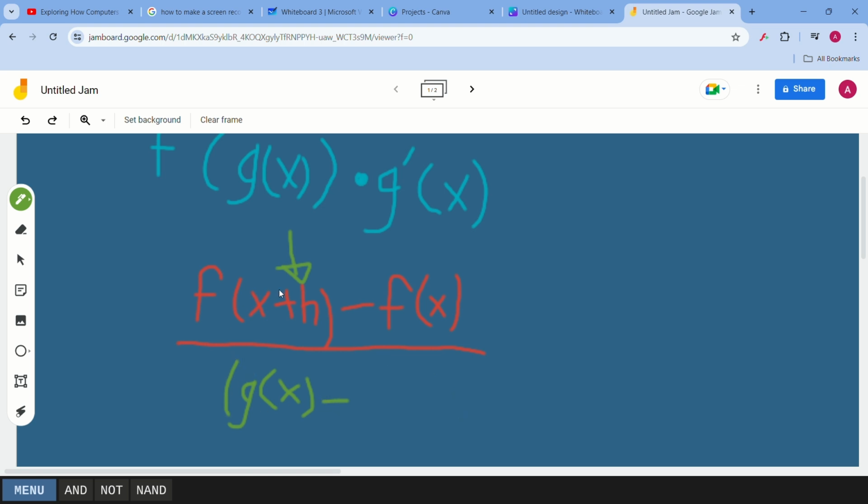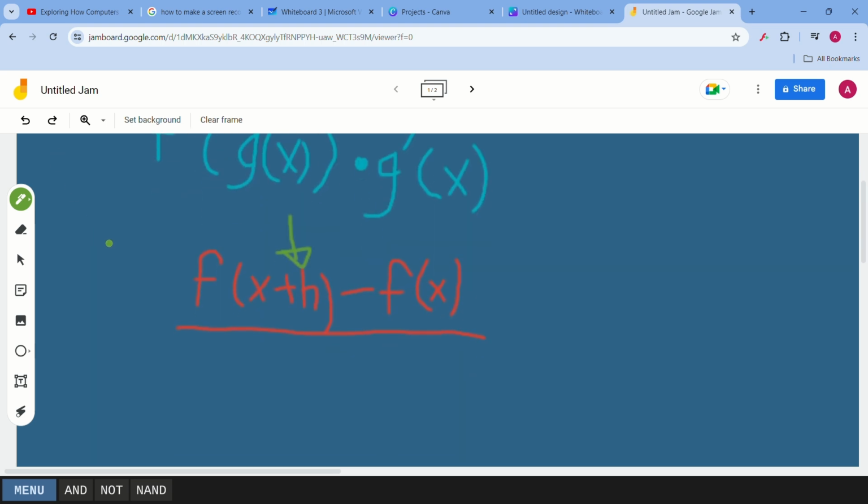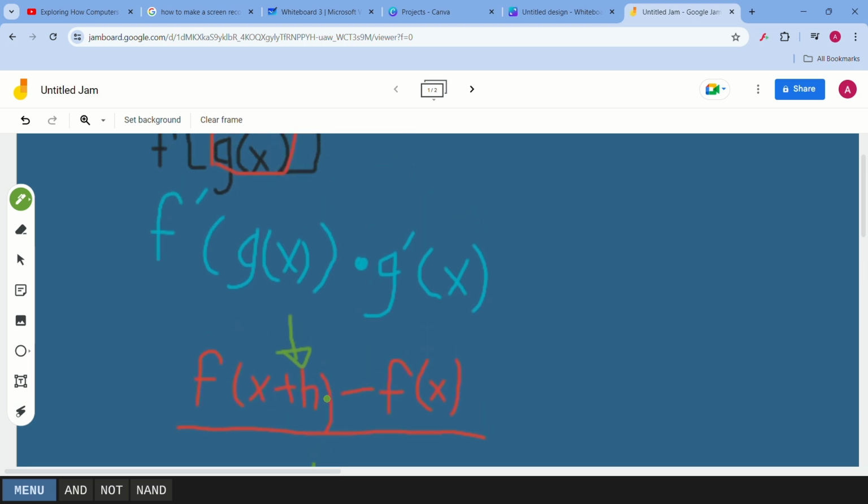And we also replace this x here with g of x. So that's the chain rule in a nutshell. This part at least.